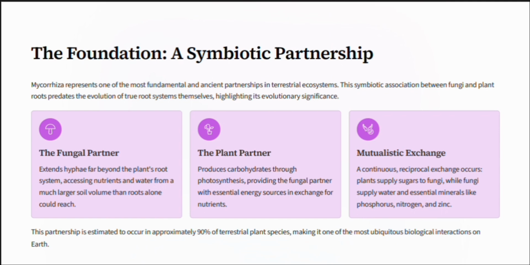Now we'll see the foundation of mycorrhiza. Mycorrhiza represents one of the most fundamental and ancient partnerships in the terrestrial ecosystem, where the fungal partner extends its hyphae beyond the plant's root system, accessing nutrients and water from a larger soil volume, and the plant partner produces carbohydrates through photosynthesis, providing the fungal partner essential energy sources for the exchange of nutrients.